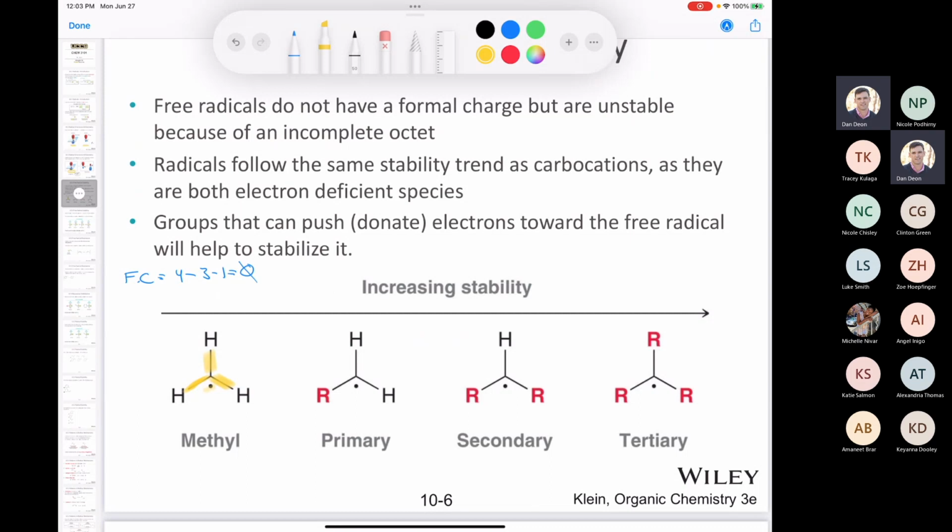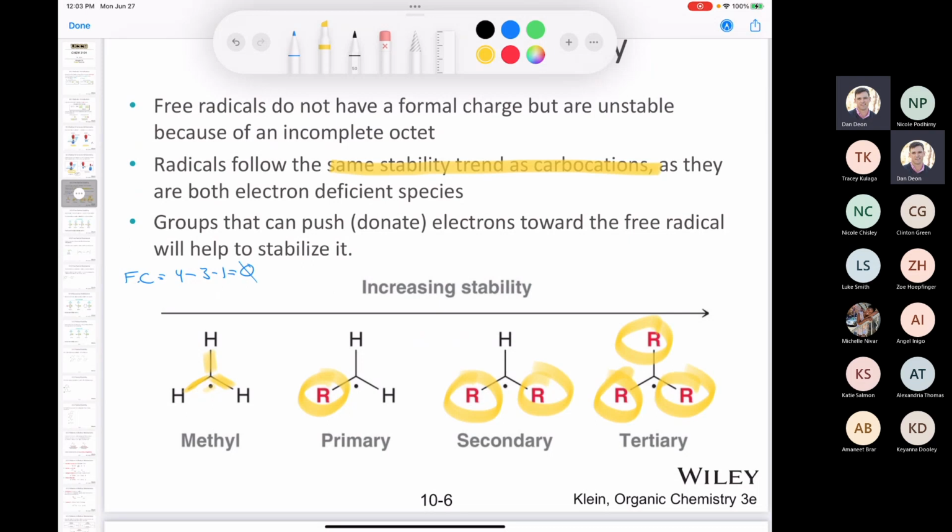Radicals are going to follow the same stability trend as carbocations did, as they're both electron deficient, right? They're both missing electrons, so it makes sense that they follow the same trend. If you have a group that can donate electrons towards the free radical, it's going to help stabilize it. Hopefully you remember that when we looked at carbocations, the more R groups that surrounded the carbocation, the more stable it became. The same rationale applies here.